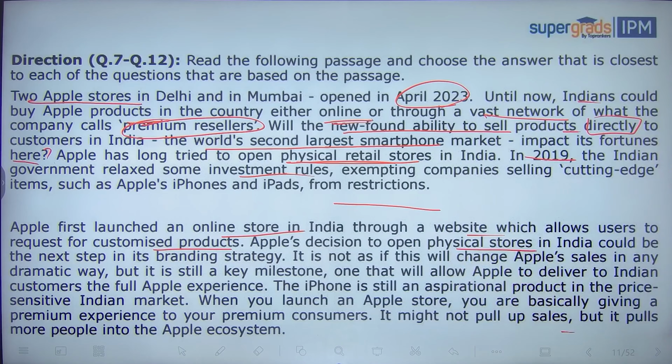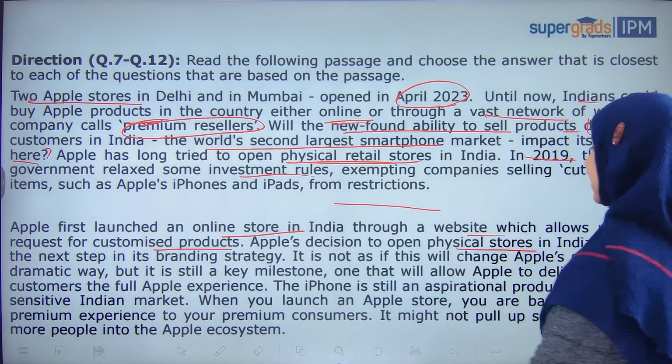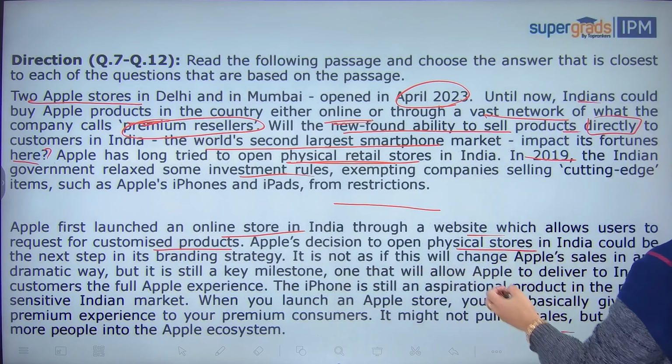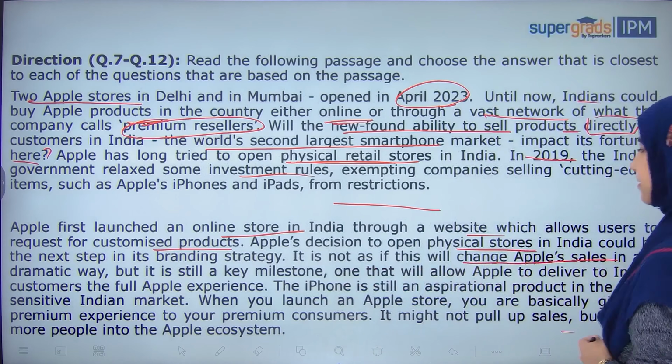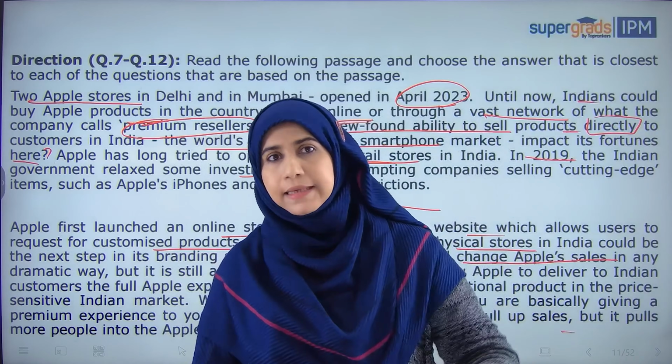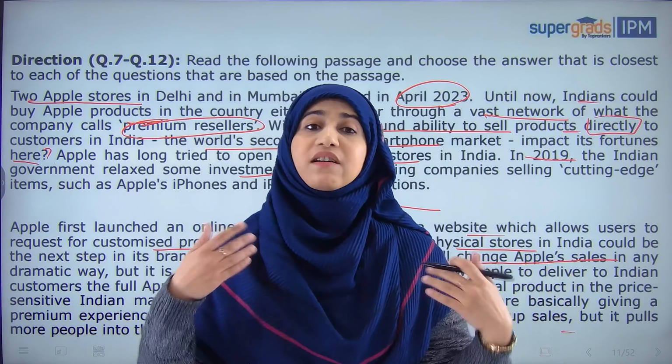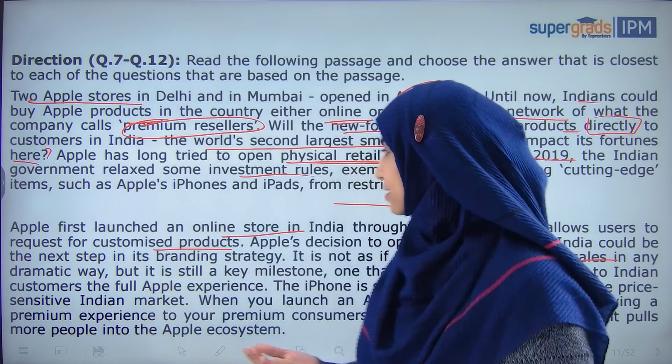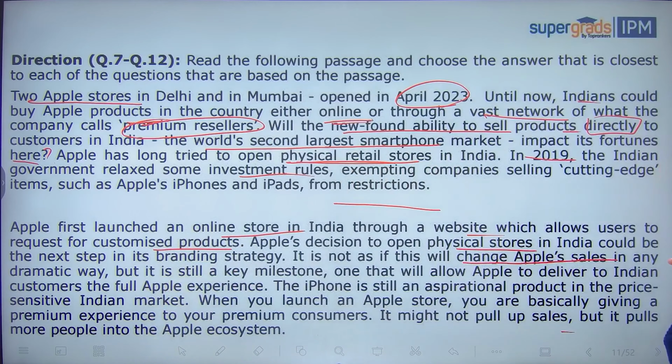All right. Now an interesting point. It says ऐसा नहीं है that this will change Apple's sales. Now they're starting the physical stores, so there is no guarantee that this would actually increase or boost the sales. But what's going to be the advantage?